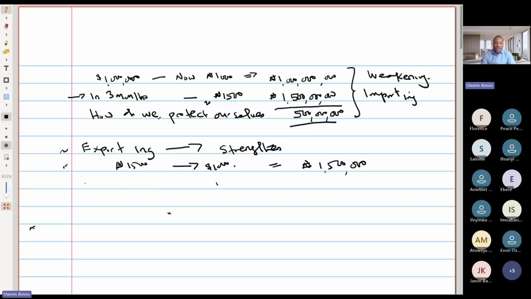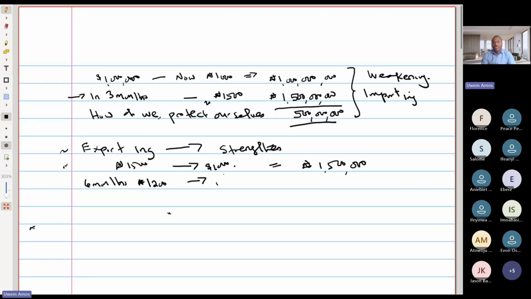However, the inflow doesn't come in until, say, in 6 months' time. And let's assume that in 6 months' time, things get really favorable and the exchange rate drops from 1,500 to, say, 1,200.